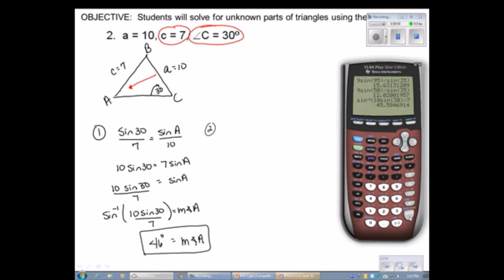Once I know the measure of angle A is 46, then I can determine the measure of angle B. It's 180 minus 30 plus 46. So the measure of angle B is going to be 104.